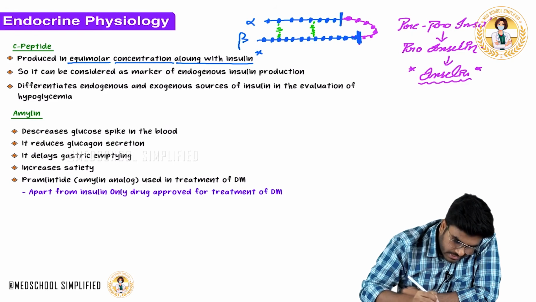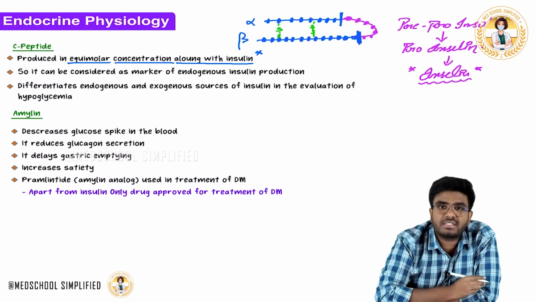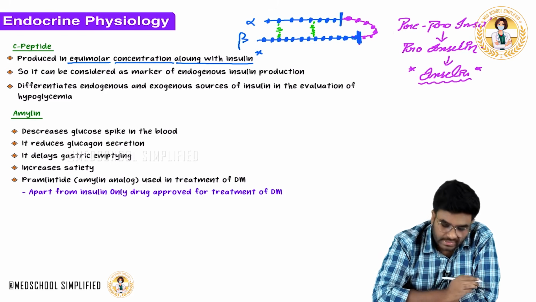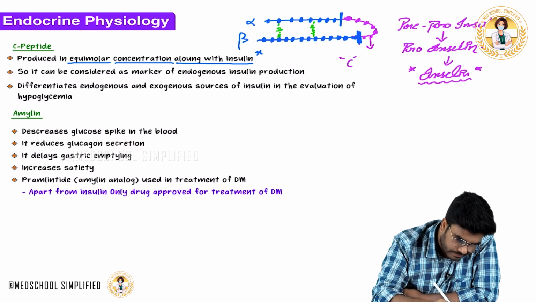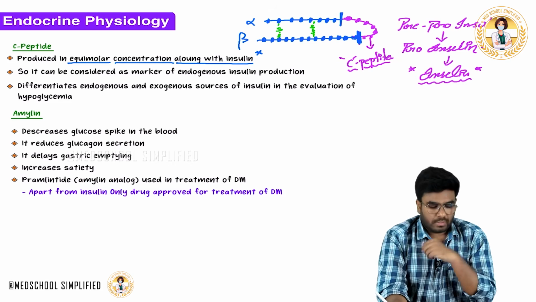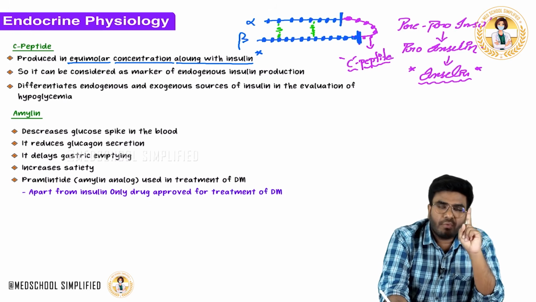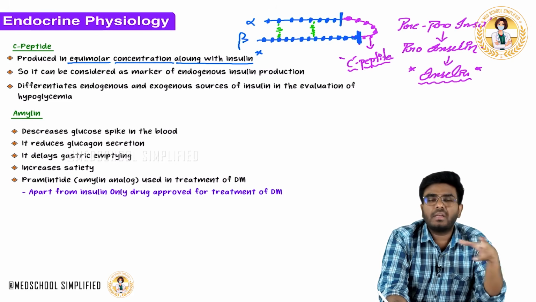Now this small part of the peptide molecule is released. What exactly is that? That's nothing but the C-peptide. Now think logically and tell me, for every one insulin molecule, how many C-peptides are produced during the making of insulin?